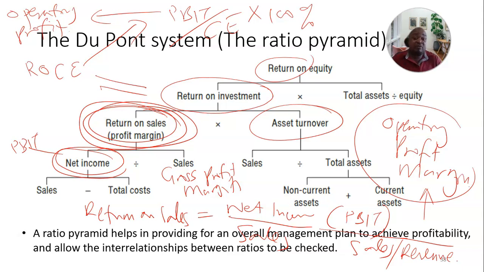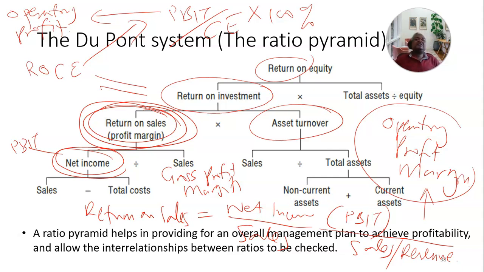So what is the gross profit margin? The gross profit margin is that return, the gross return, before we consider all the expenses. So that's the gross profit margin. All right. So we need to evaluate that return given the amount of sales which we made. All right.